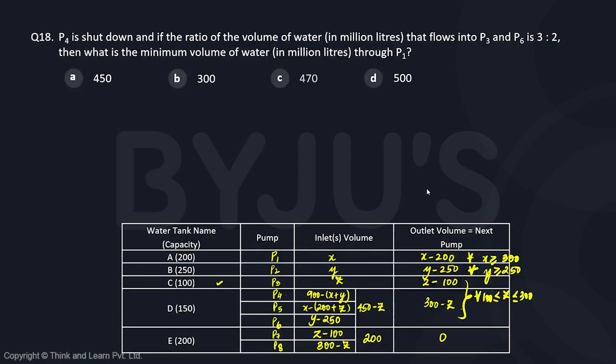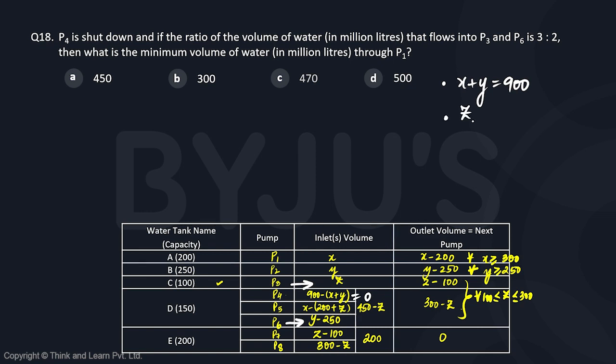Question number 18. P4 is shut down. If P4 is shut down, that means 900 minus x plus y is going to be 0. So that results in x plus y is equal to 900. This is the first part. The second part is that the ratio of the volume of water in million liters that flows into P3 and P6 is 3:2.